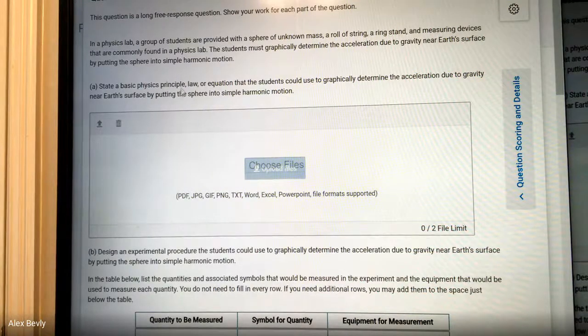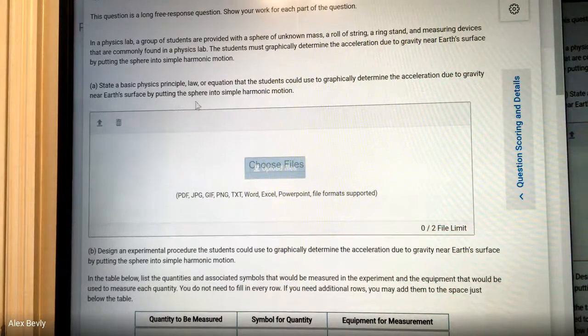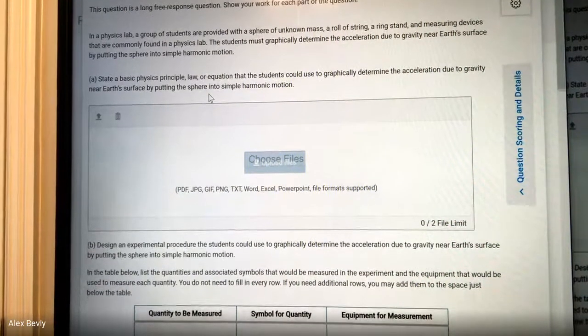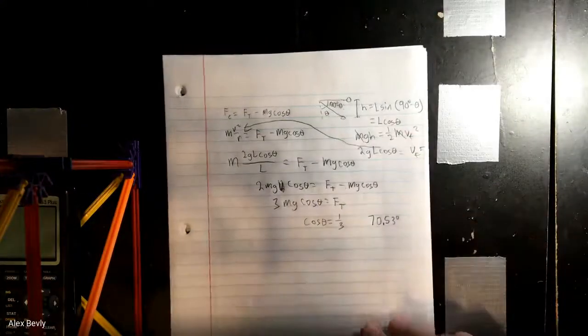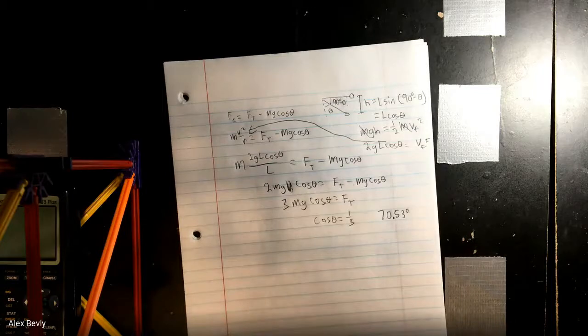State a basic principle, law, or equation that the students could use to graphically determine acceleration due to gravity near Earth's surface by putting the sphere into simple harmonic motion. Well, conveniently, we just did a lab about this. So, what type of simple harmonic motion could we use? We have string, a stand, normal measuring devices, a sphere with an unknown mass.